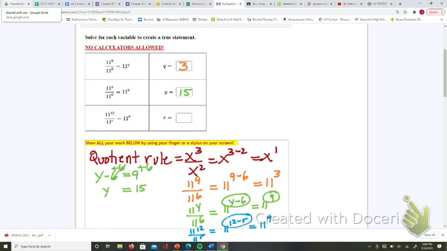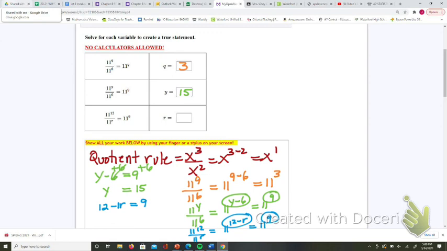So we know that 12 minus r has to equal 9. 12 minus r equals 9. Okay, now this one is a little bit more complicated because what is happening to the r? Well, there's an invisible 1 right there. The r is being multiplied by negative 1, and then it's being added by 12. So this one's going to take 2 steps.